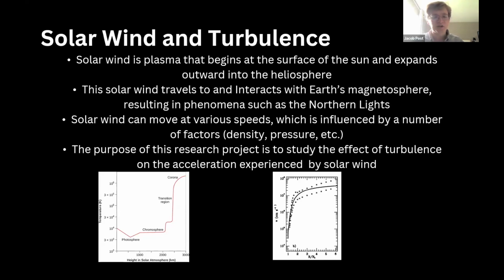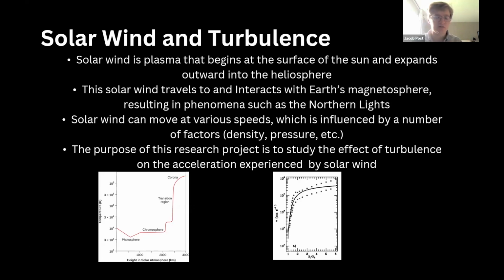So just to start, I'm going to begin with a brief overview of solar wind. In a general sense, solar wind is essentially a plasma that forms along the surface of the sun and at some point expands outward into the heliosphere.